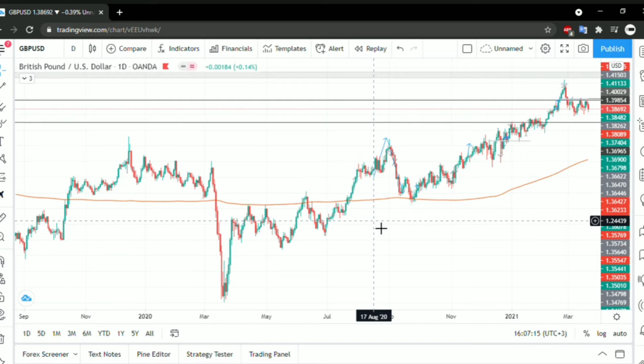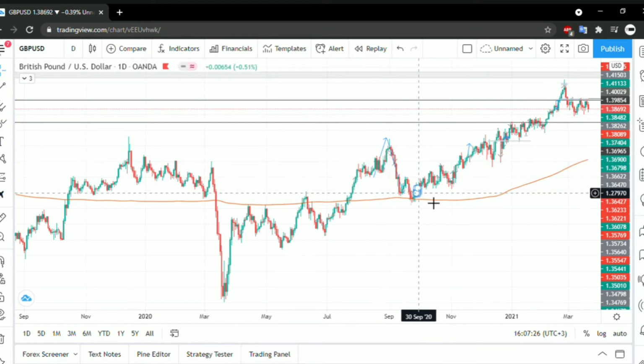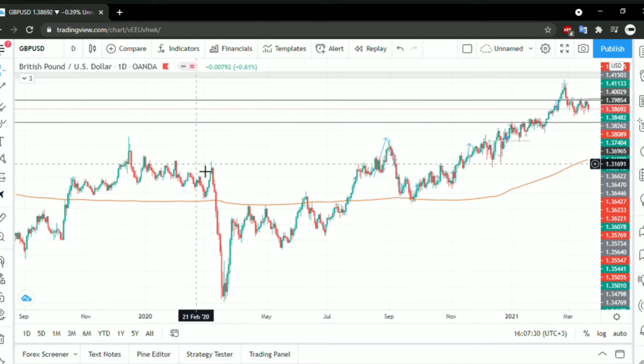A resistance area, on the other hand, could be on the upper side of the chart, where the currency has retested severally but has failed to break. So let's just draw our resistance point really quickly.